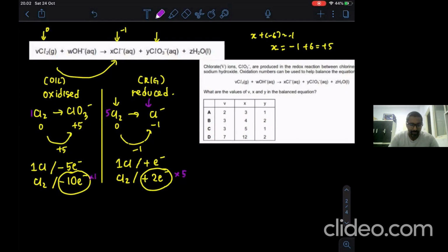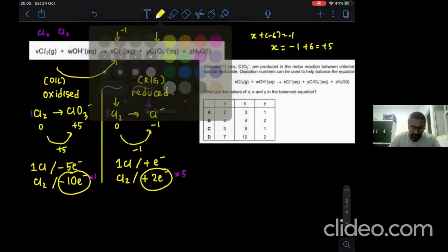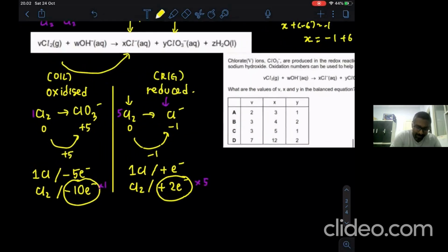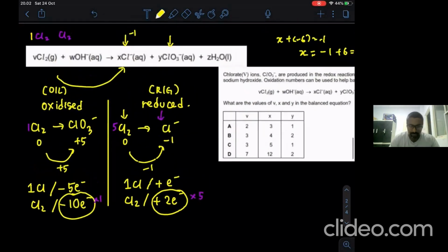Because earlier we separated this into Cl2 and Cl2, what we did was 1 of it, we times by 1. So this is 1. And then this Cl2, we times by 5. So remember, this is plus. Both of these together represent Cl2.